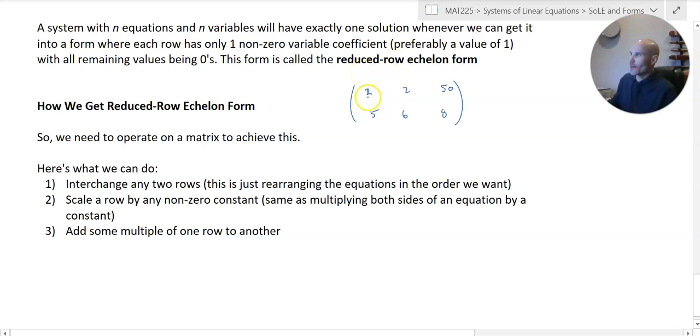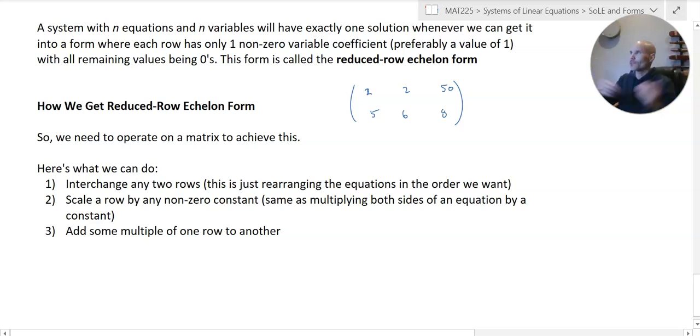as we'll learn in the next portion, what I can do is one of 3 things. I can interchange any 2 rows that I want. I can, in other words, swap them. Why were we allowed to do that with a matrix? Well, remember, each row just represents an equation.